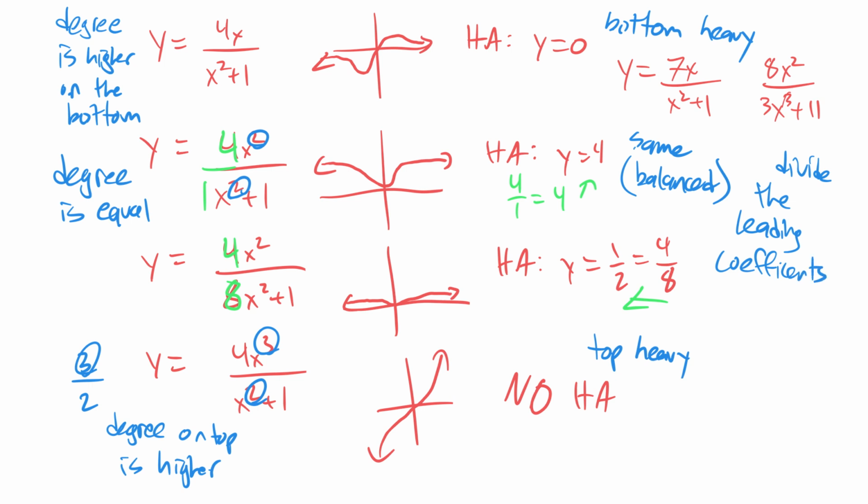Now, I know this was a lot, but it's actually a very helpful technique, and I want to show you back on that problem we did with synthetic division. If you remember, we had y equals 2x plus 1 over x plus 3. And we did this kind of fancy thing with synthetic division to determine the horizontal asymptote. But now with our new skills, I think you could determine it right away.